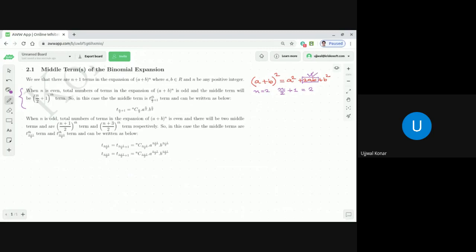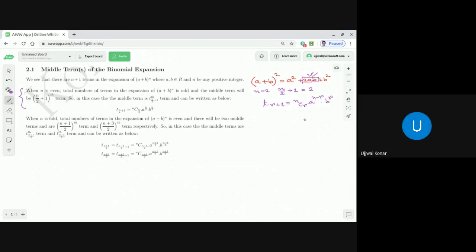Now, if you recall from yesterday's class, what is the (r plus 1)th term? The (r plus 1)th term, T of r plus 1, is nCr into a power n minus r into b power r, correct?